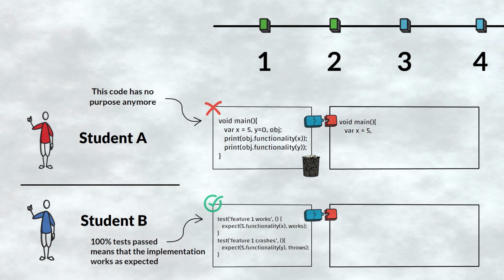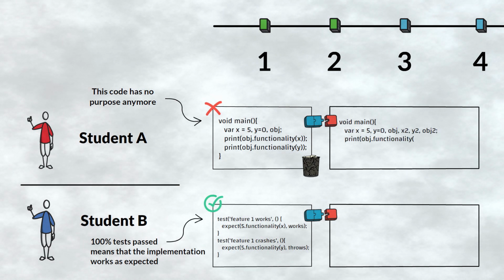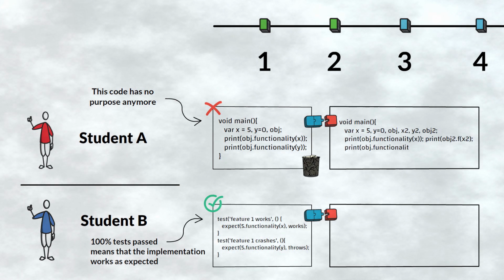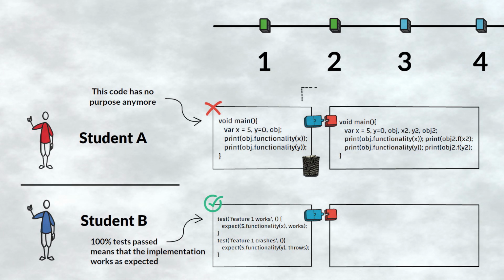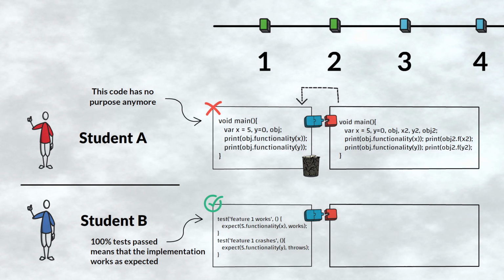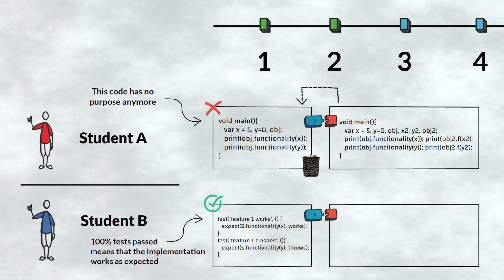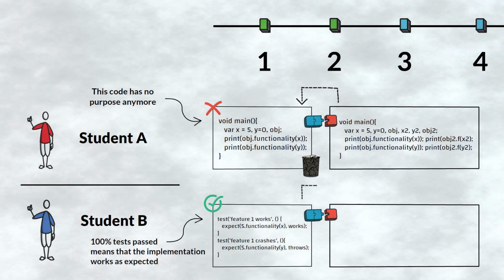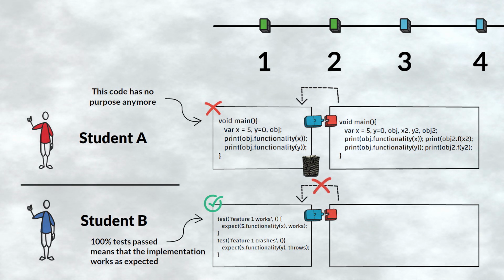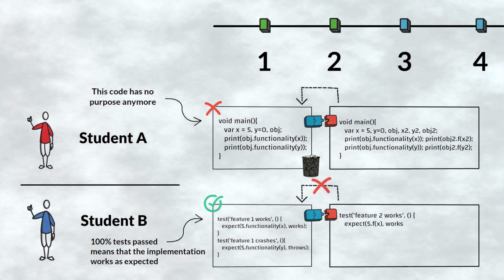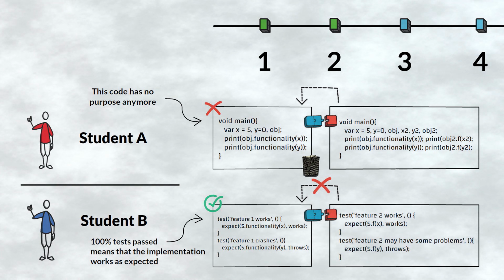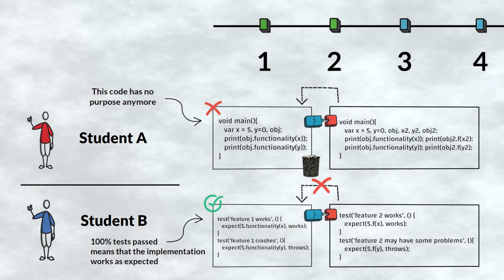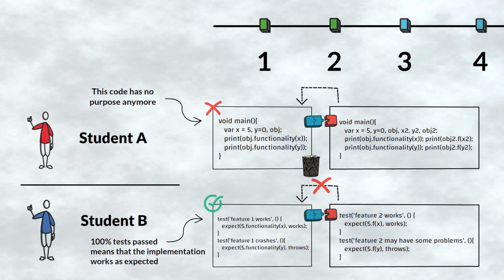Well, student A will have to go back into the main file, undergo the same procedures as he did with the first feature, write some other tests for the second feature, as well as checking again if the first feature still works as it should. Student B, on the other hand, doesn't care about the first feature anymore, since it's 100% backed up by tests, so he only focuses on feature 2, and perhaps on all the interactions that may have with the first one.